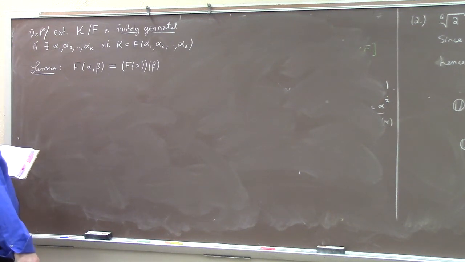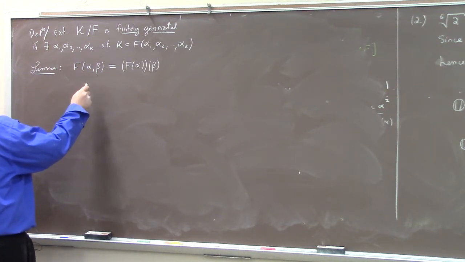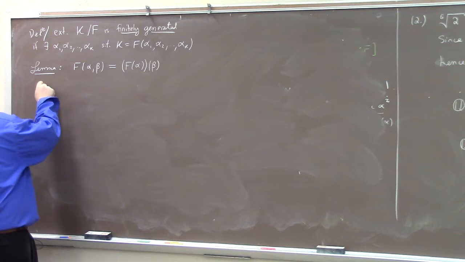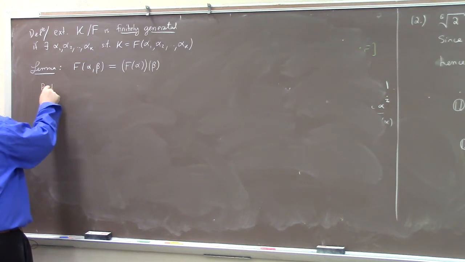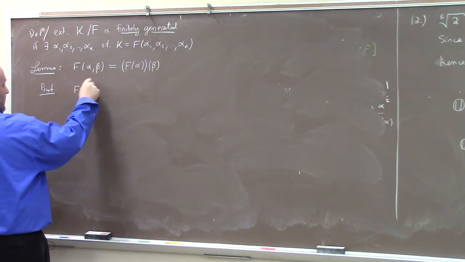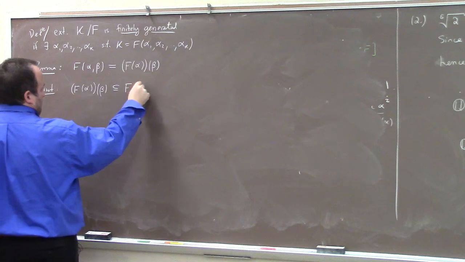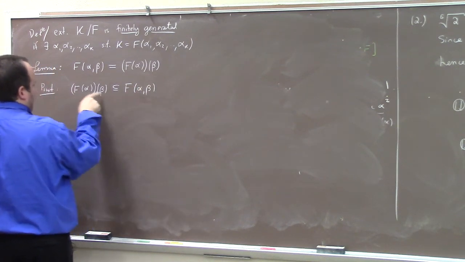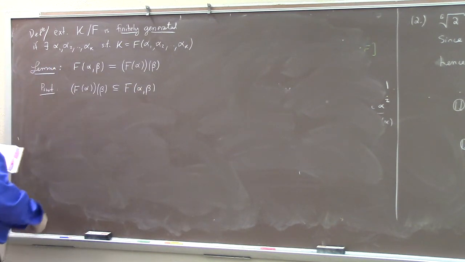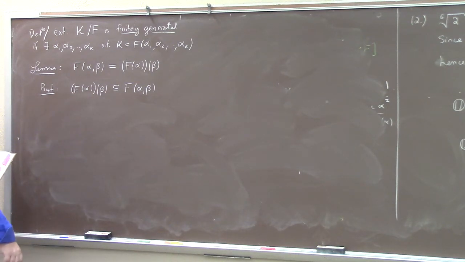So he's basically arguing that part of the proof is that by minimality, F(alpha) extended by beta has to be a subset of this, because this thing contains alpha, beta, and F. And as such, it has to be a subset of the minimal field containing alpha and beta.